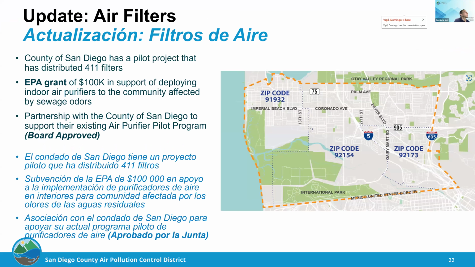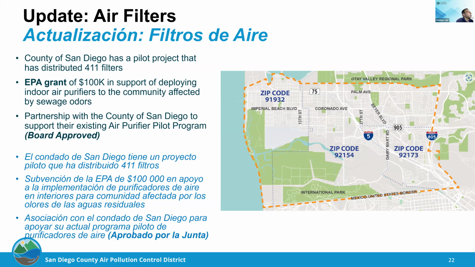Thank you, Shalom. So the US EPA has committed $160,000. We have to update this because just in the last few hours we learned that we're receiving additional funding. So $160,000 in grant funding for San Diego Air Pollution Control District to support deploying indoor air purifiers to the community affected by sewage odors to help provide some temporary relief.